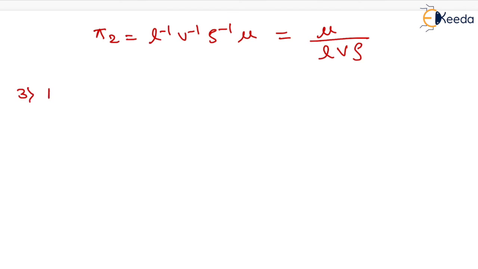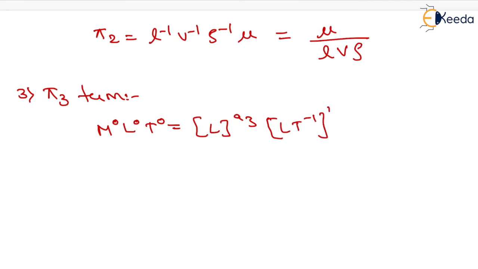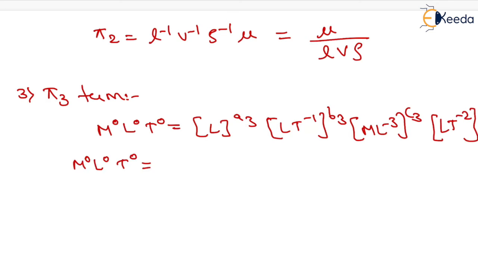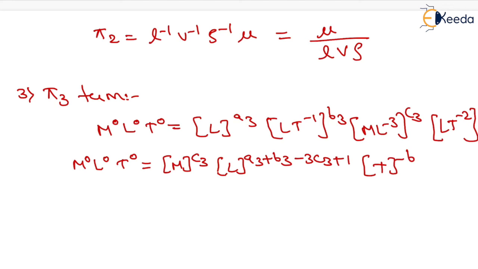Now for the pi 3 term, it will be M0 L0 T0 equal to L to the power a3, LT to the power minus 1 to the power b3, ML to the power minus 3 to the power c3 and LT to the power minus 2. On rearranging this, we will have M0 L0 T0 equal to M to the power c3, L to the power a3 plus b3 minus 3c3 plus 1, and T to the power minus b3 minus 2. On comparing, for M, c3 will be equal to 0.